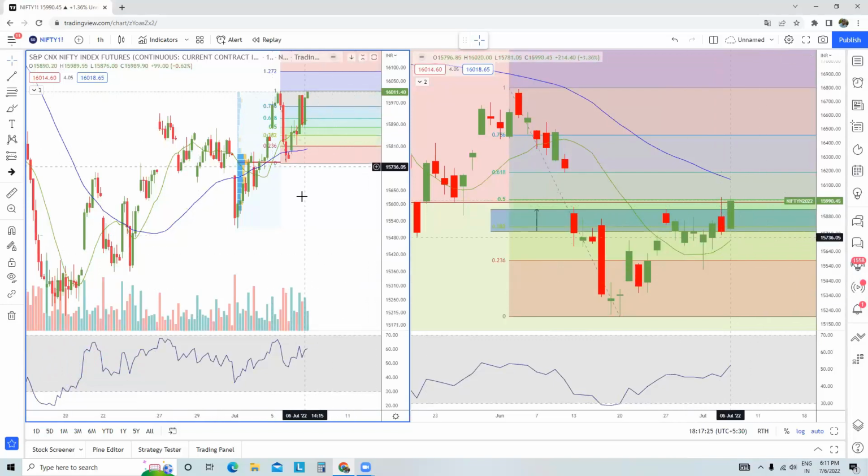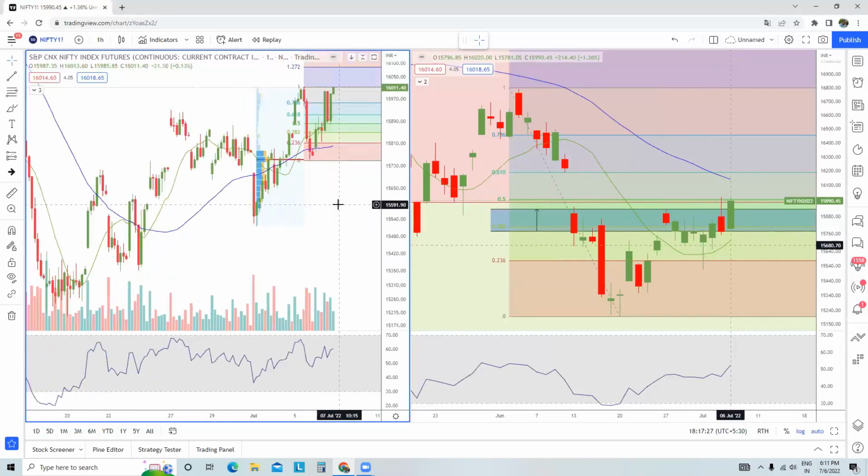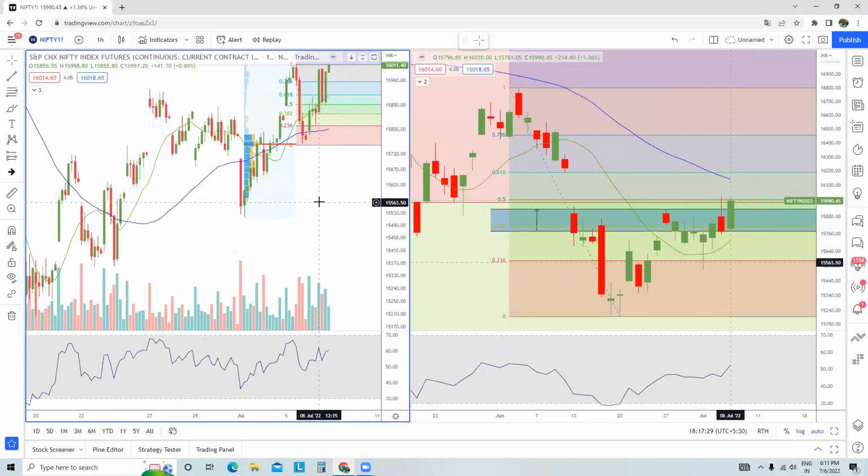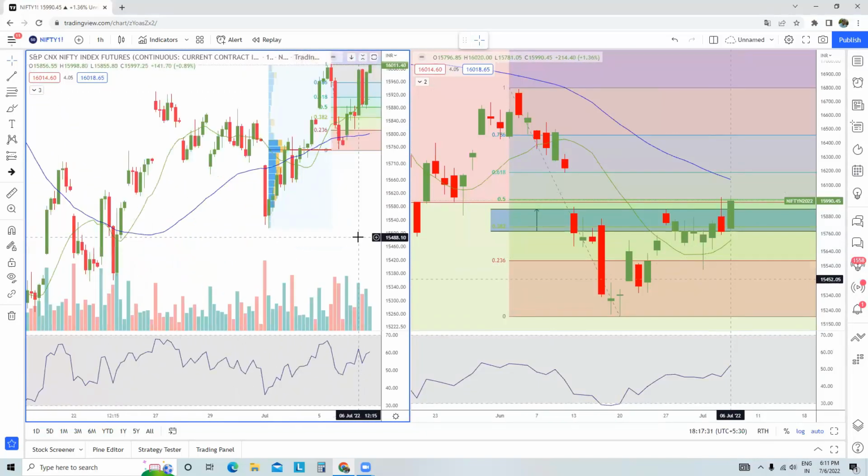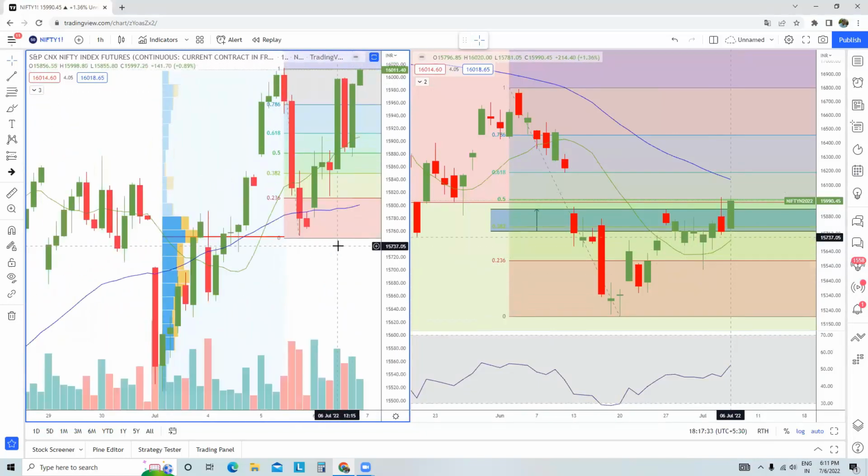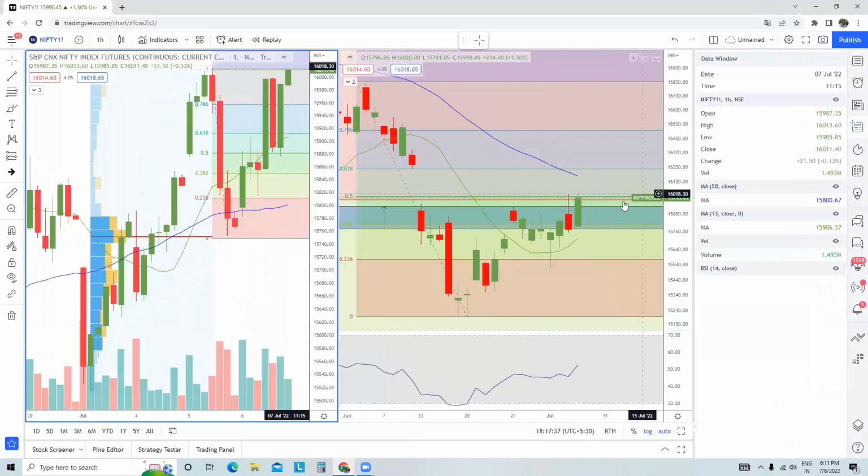Now, first thing is, if we check what happened yesterday, because in the last 2 days there has been a lot of volatility. If we forget everything else and just see the high and the low of the last 2 days, it has been amazing. Yesterday the high was close to 16,014.60.